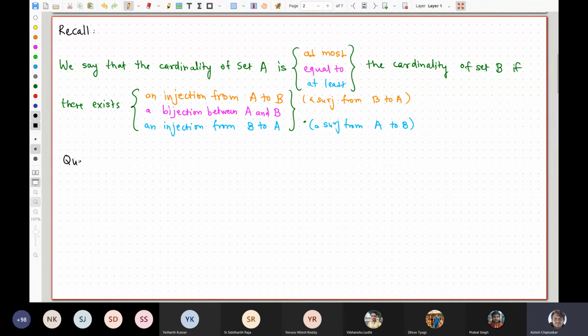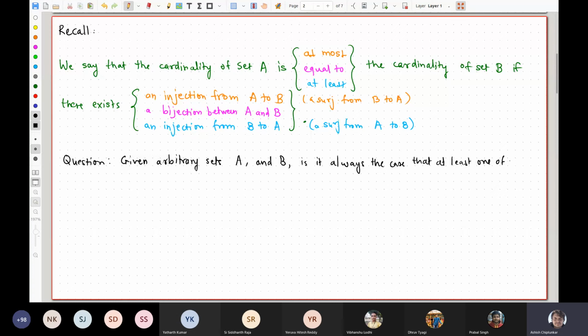Question: given arbitrary sets A and B, is it always the case that at least one of the following statements holds?